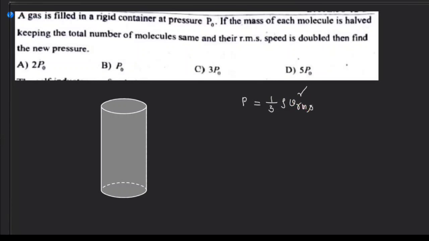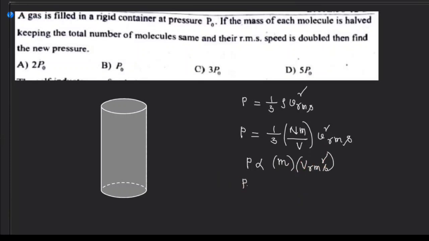Therefore, P is equal to 1 by 3, where rho is total mass by volume, into v square RMS, right? So you could say this P is directly proportional to the mass, with the number of molecules kept constant, as well as v RMS square, because the volume is also fixed, right?